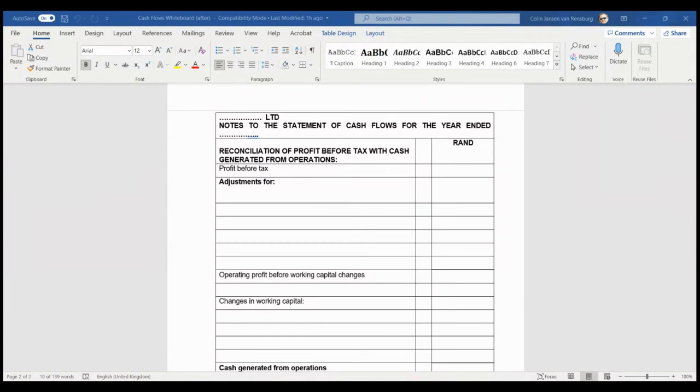Then, ladies and gentlemen, now you can also just type for me yes or no. Included in that profit before tax, could there possibly be profits that relate to items that are not part of operations?